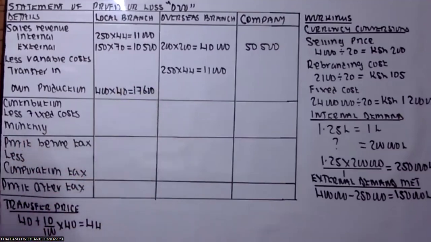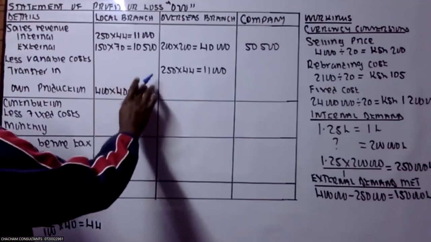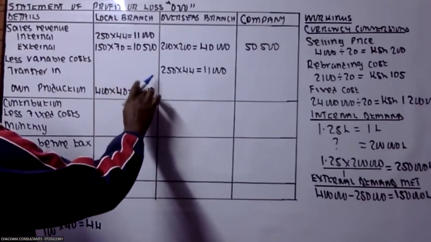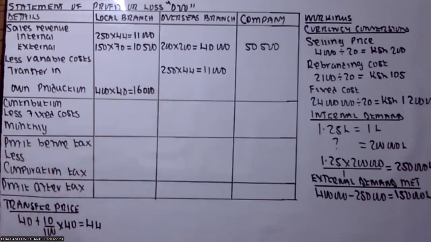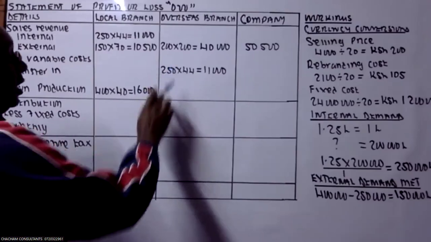Huh? Is that really? 400 times 40. It's 400 times 40. Yes. 16,000. Higher. Well, overseas, they are converting these.